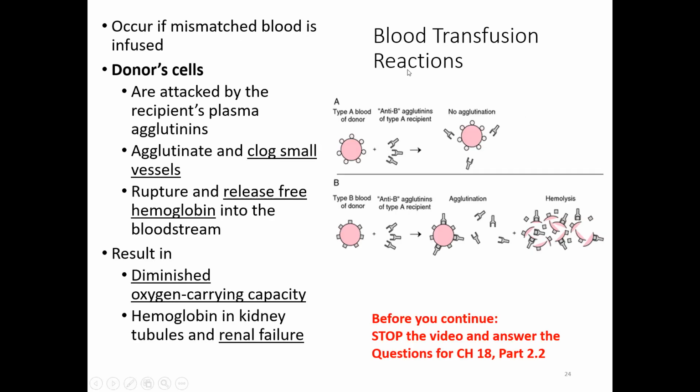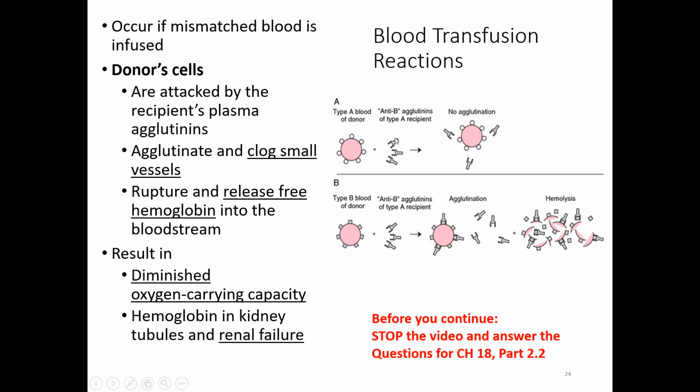Okay, blood transfusion reactions. So how exactly can those antibodies attack antigens? Let's say there is a person of blood type A. Their red blood cells have type A antigens on the surface, and in their blood plasma there will be anti-B antibodies, or agglutinins.